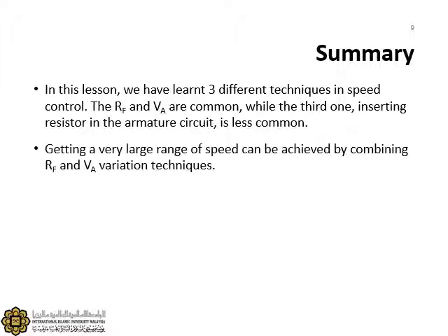And the second point that we learned from this lesson is that we can get a very large range of speed by combining the first 2 techniques, which are the RF and the VA variation techniques. Okay, thank you.